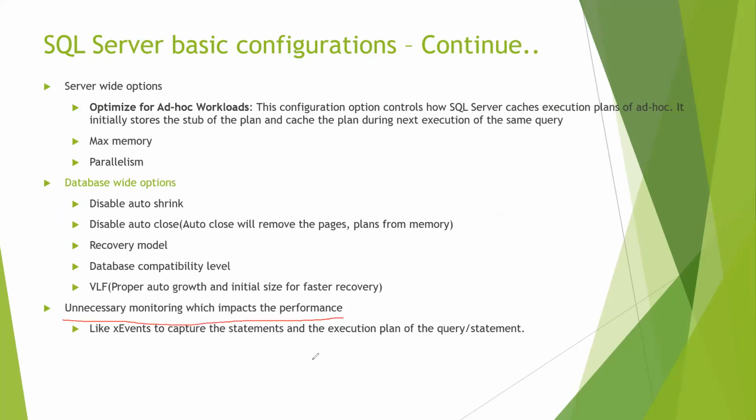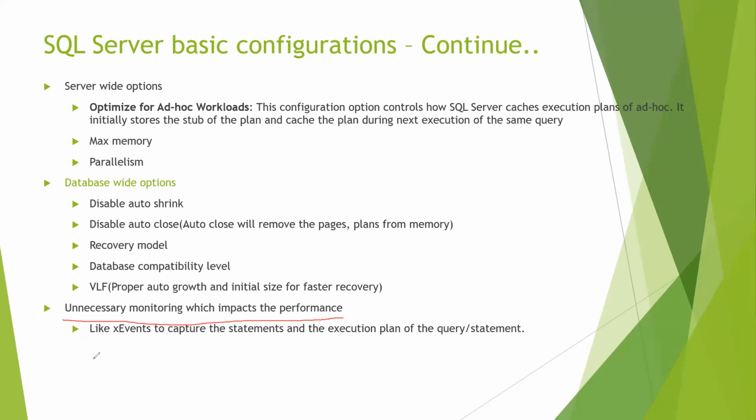Unnecessary monitoring: I just wanted to highlight this. If you have any unnecessary tracing enabled, for example extended events, Profiler, or any auditing at the database or instance level, it can lead to a performance impact.